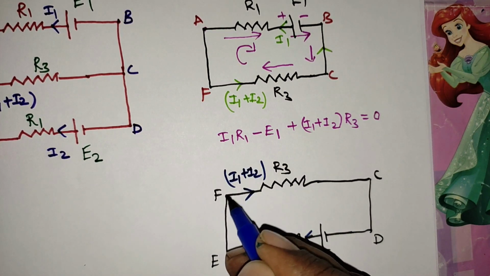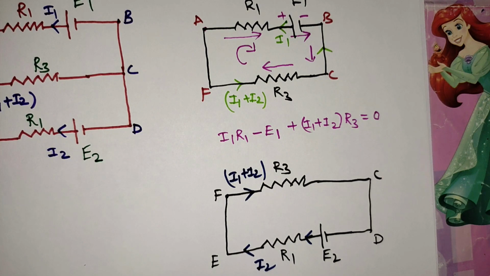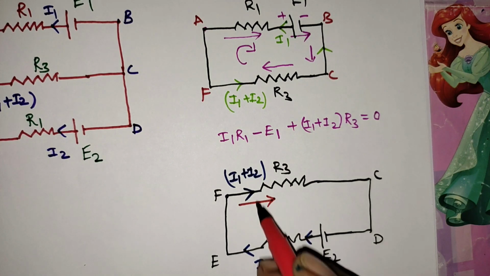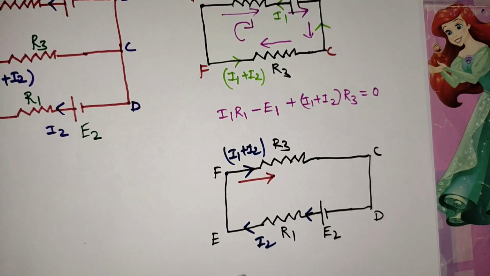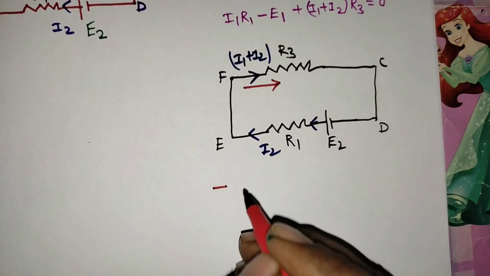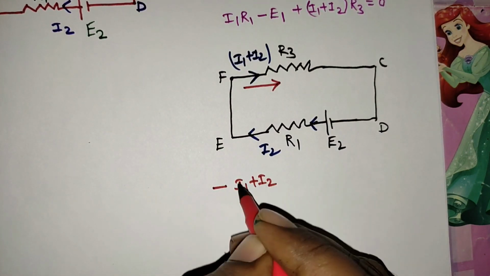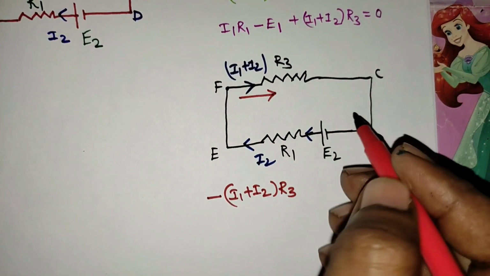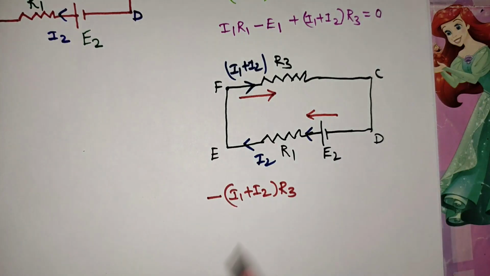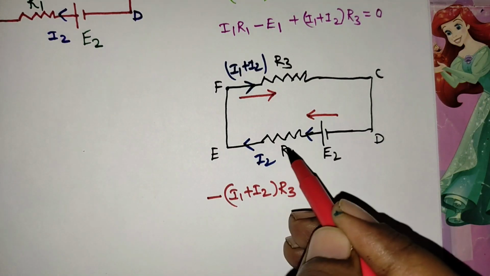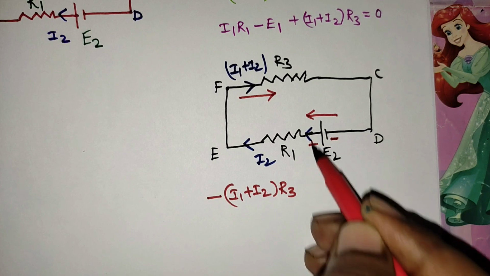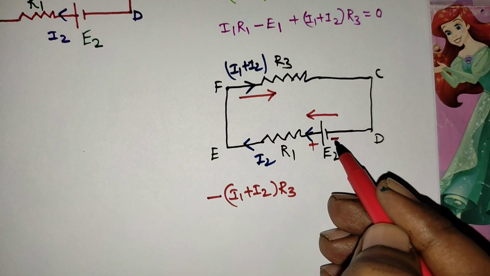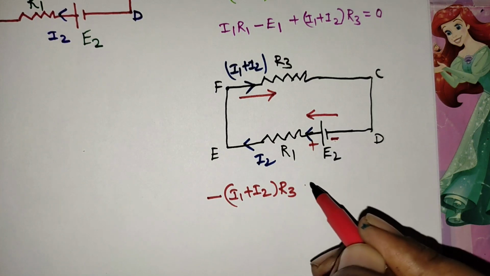Now you can start at the point F. If we start at the point F, I'm going to apply the same clockwise direction. When both are moving in the same direction, already we know that can be taken as negative. So we can write minus of I1 plus I2 into R3. Then this is the empty wire to consider. Irrespective of the current direction, you are moving from the lower potential to higher potential. When you are moving from lower potential to higher potential, we take it as plus E2.